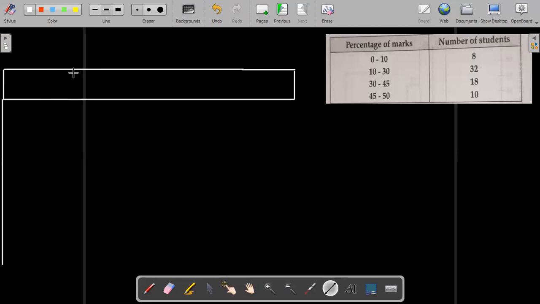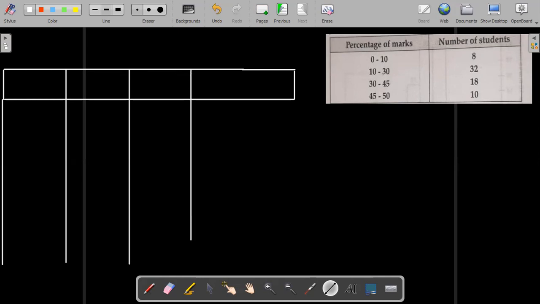The first column we will write marks or class interval. Second column, number of students, that is given. Third column, width of the class, and then adjusted frequency.